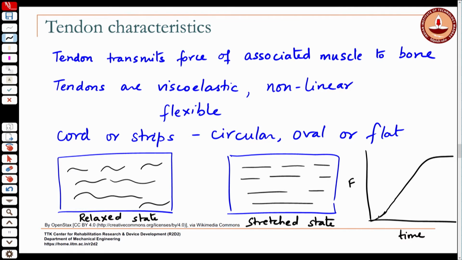When you look at the muscle force over time, initially because of the nonlinear nature of the tendon, it takes time to develop force, and then once it is stretched out, now it is trying to stretch even further, and that has to do with the properties of the tissue and not so much the structural aspect of the waviness of the fibers. Now you are pulling on the straight fibers, and that part of the force transmission tends to be linear with time, and then it levels off after a point.